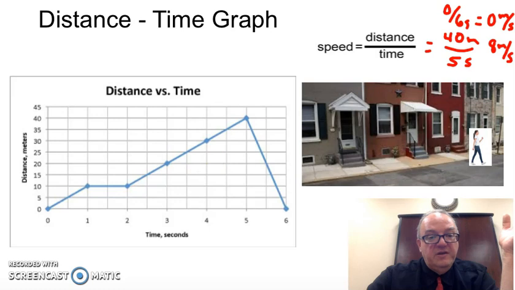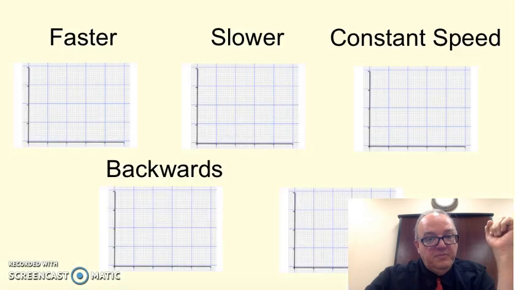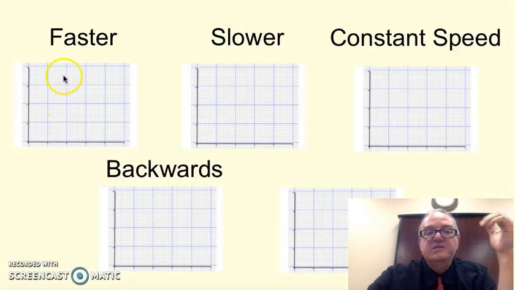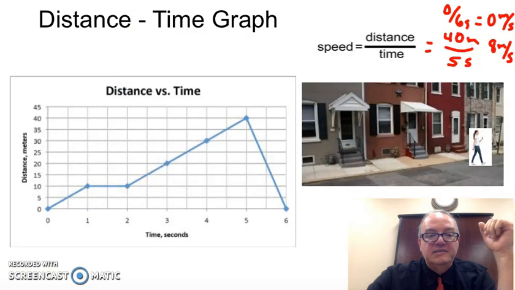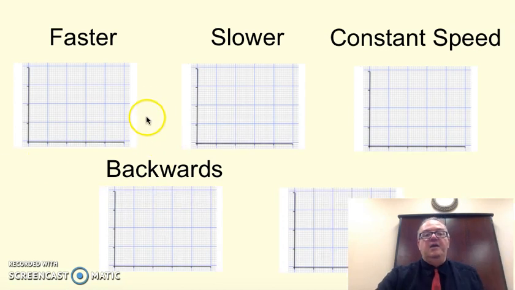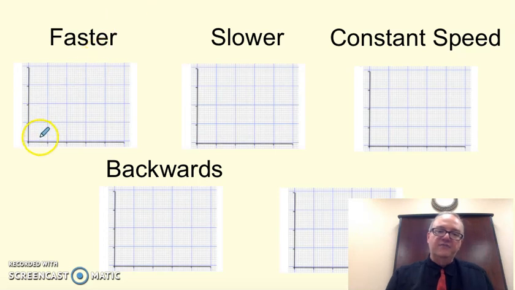Now, you probably figured out that I do want you to know a little bit about these distance time graphs. So I have these blank distance time graphs. I want to point out what it looks like whenever certain things happen on these graphs. You notice that we had something going kind of straight across earlier.